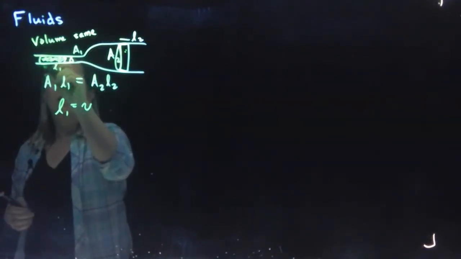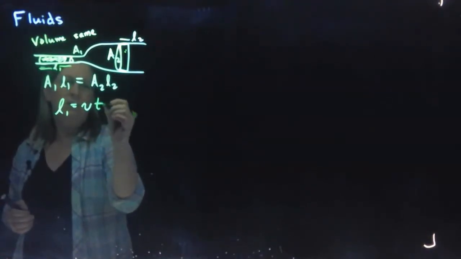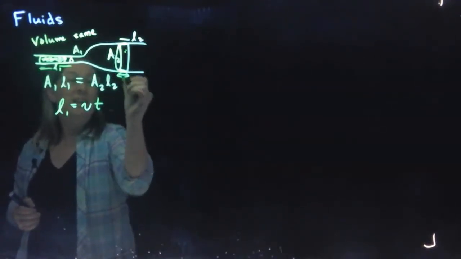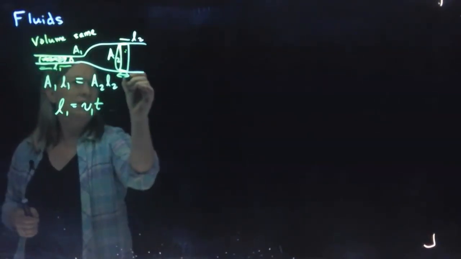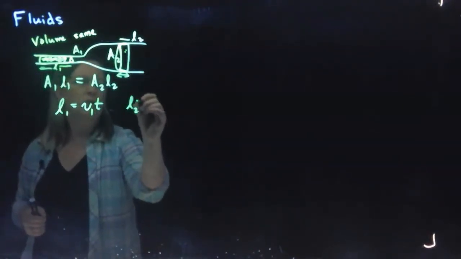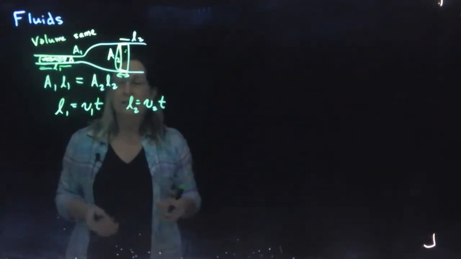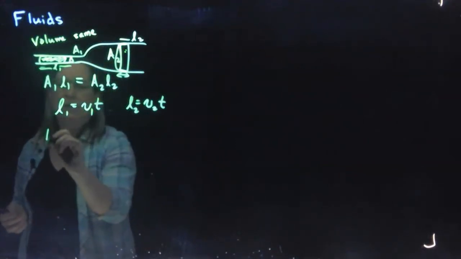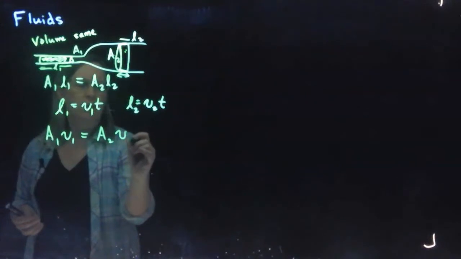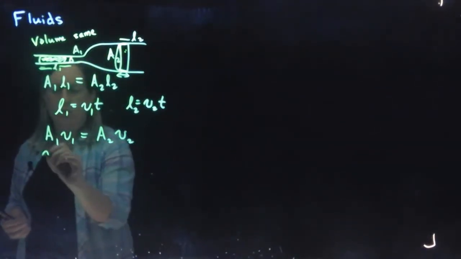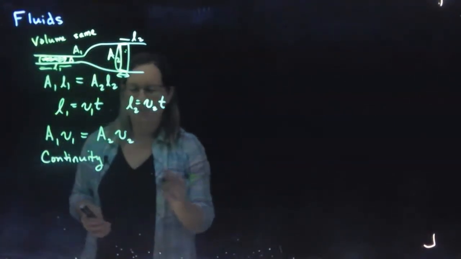So L1 would be V1 times time, and L2 would be V2 times that same time, so that we get the same amount of volume. If we plug this in, this gives us that A1 V1 is equal to A2 V2, and this is what we call the continuity equation. It's a fancy name for saying what goes in must come out.